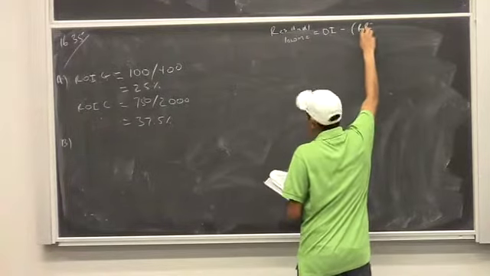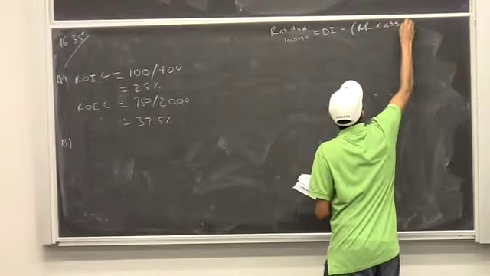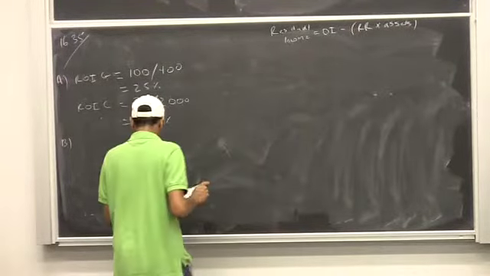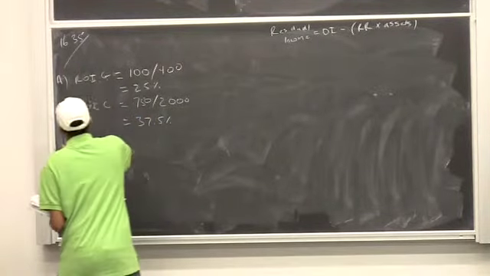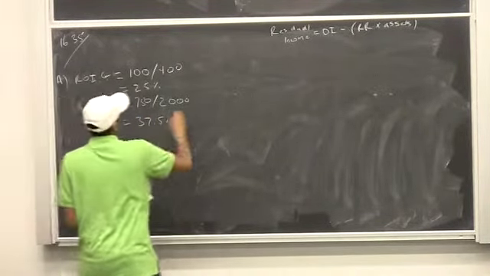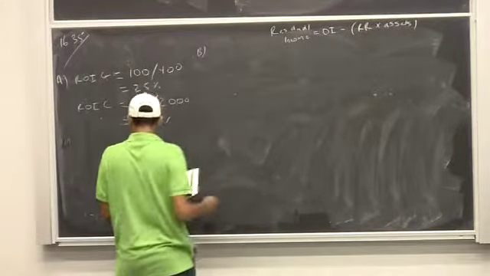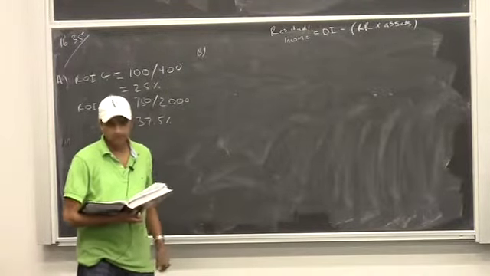RR is required return times assets. So for Germany, what's the operating income? It's 100,000, right?